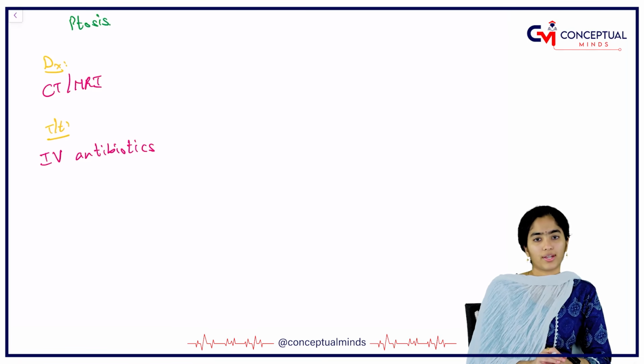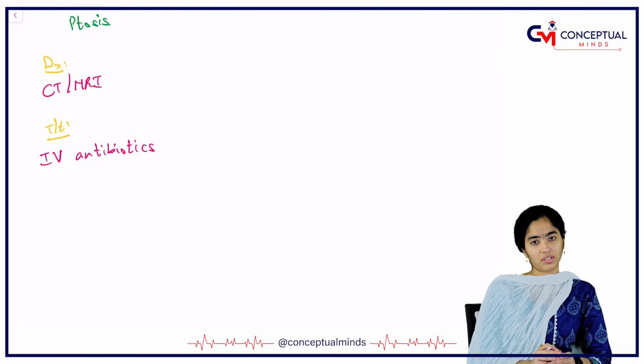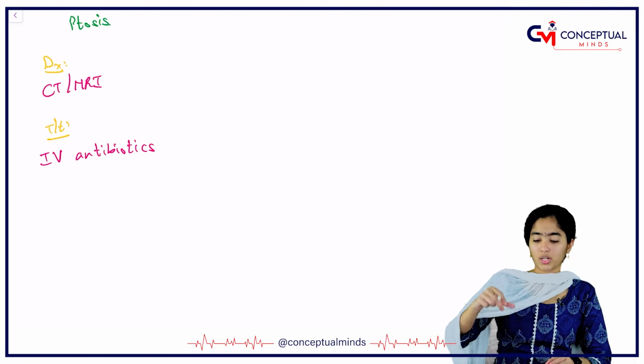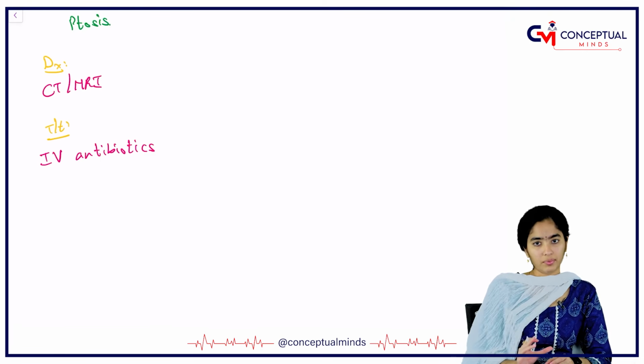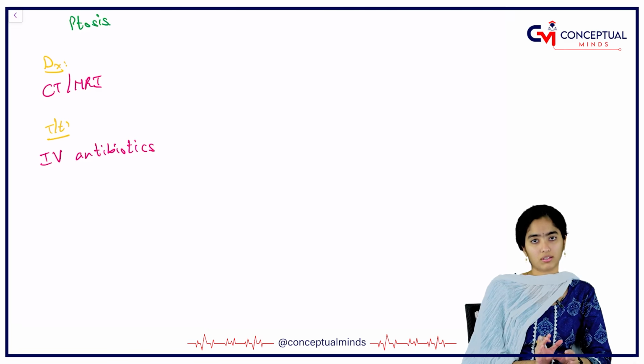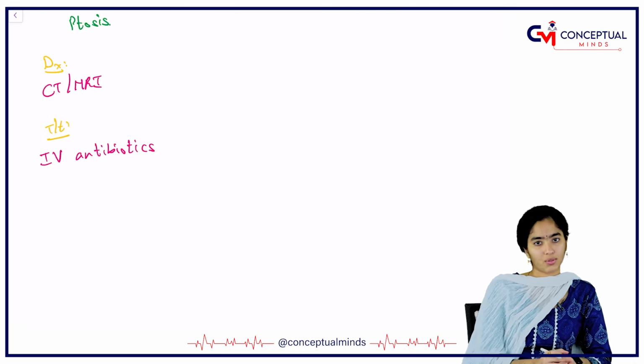Sometimes the infection cannot get controlled with antibiotics, or the symptoms are very, very severe that you have to go for neurosurgery. A series of burr holes are created on the cranium, or a craniotomy is done, and then we drain out the subdural abscess. That is the main modality of treatment when the condition becomes serious and worse.